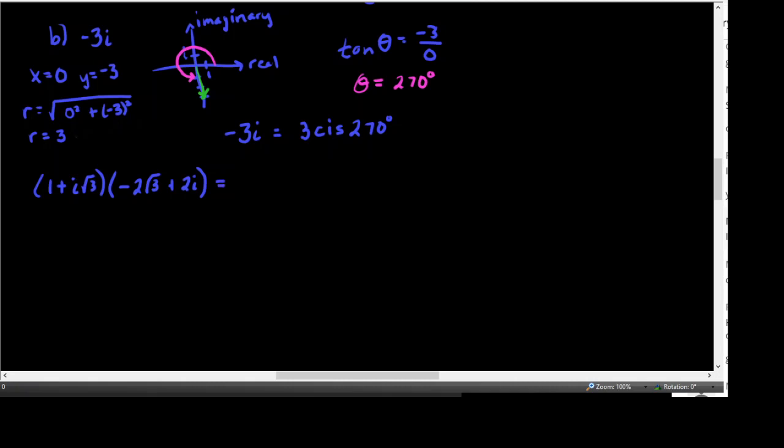So we're going to multiply 1 times both of the things in the second binomial. 1 times negative 2 square roots of 3 is negative 2 square roots of 3. That's what you would call first. And then 1 times 2i is 2i. That's what you'd call the outer. Then I multiply i square roots of 3 times both things in the other binomial. So i square roots of 3 times negative 2 square roots of 3 is negative 2i square roots of 9.